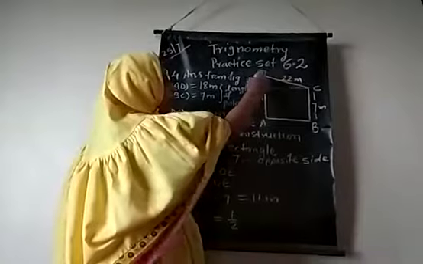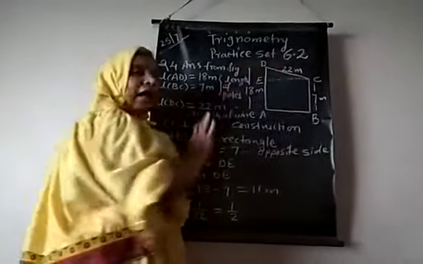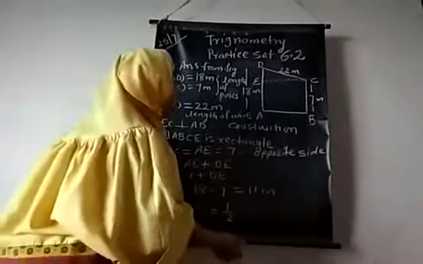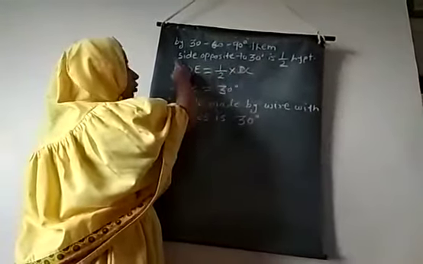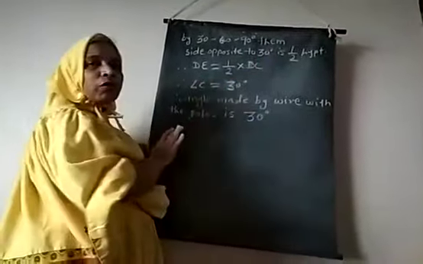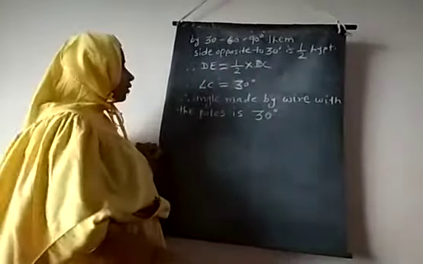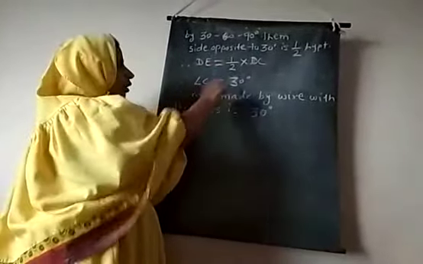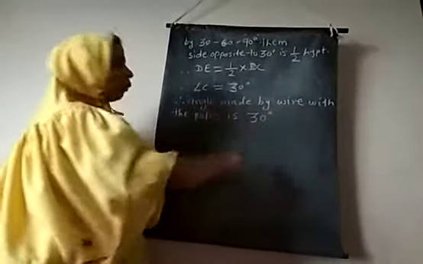Hypotenuse is double of the one side, or one side is half of the hypotenuse. So the angle opposite to that side is 30 degree by the 30-60-90 theorem. Therefore the side opposite to 30 degree is half of the hypotenuse. DE is equal to half multiplied by DC. Therefore angle C equal to 30 degree, that is, the angle made by the wire with the pole is 30 degree.